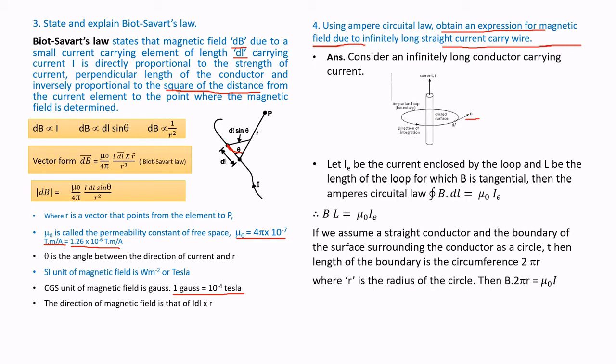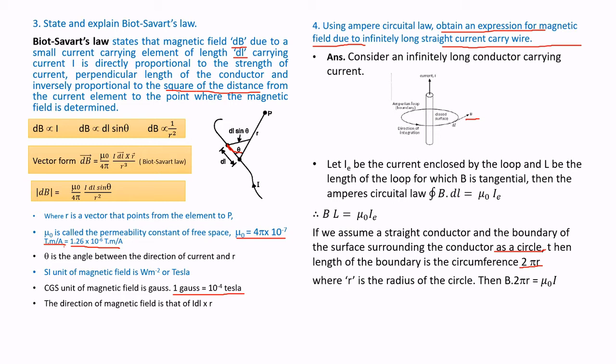Therefore, if you assume a straight conductor, and the boundary of surface around the conductor as a circle, please underline circle. This is the circle and this is a straight conductor. Then the length of boundary is circumference. This circumference, if you take the radius, is 2 pi r. That is L is equal to 2 pi r, where r is the radius of this circle.